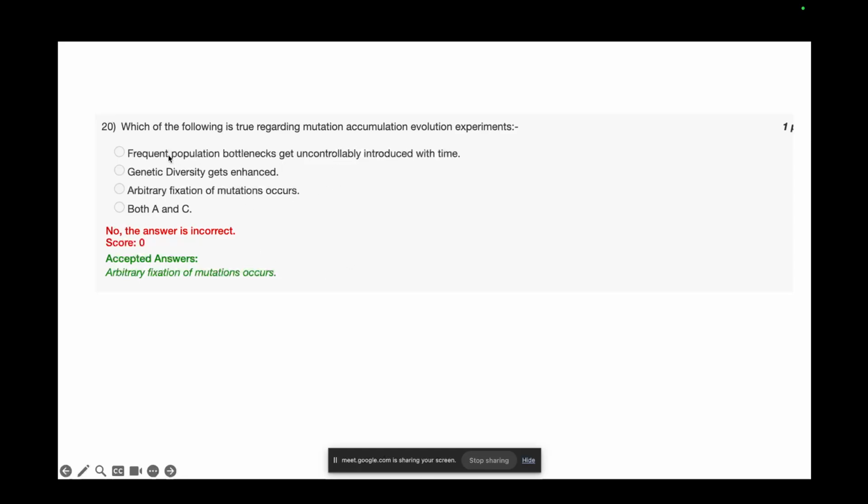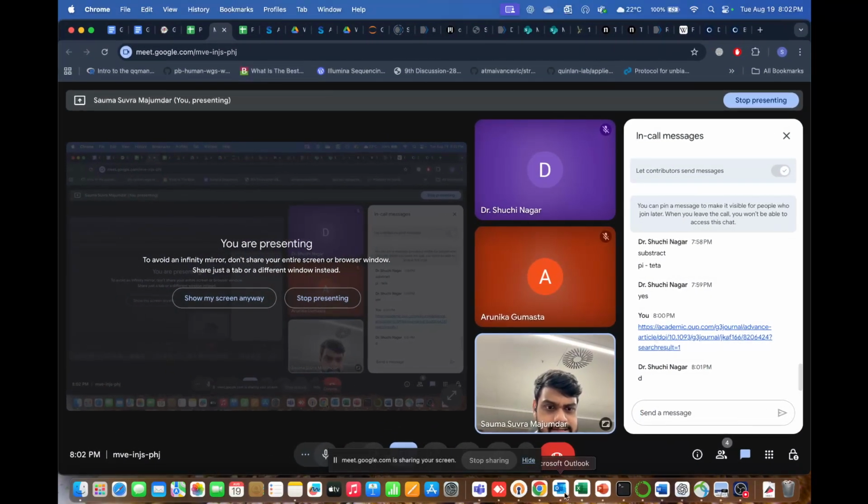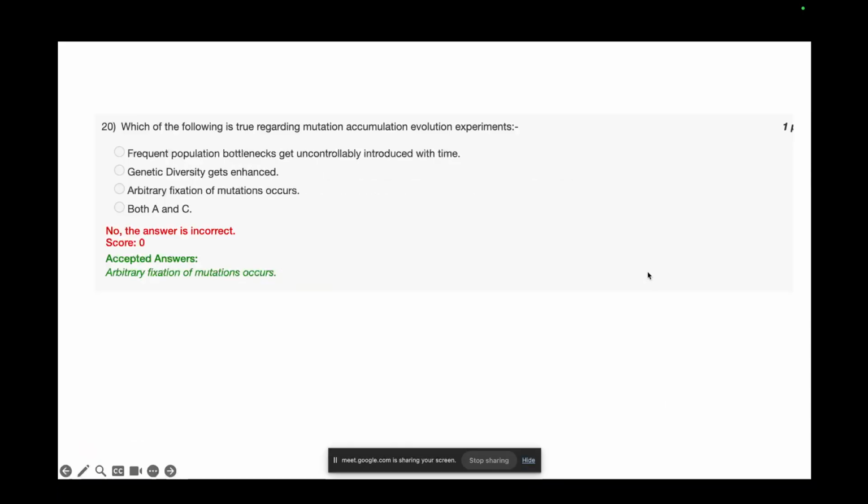So option C is correct. I think you gave the option D, if I'm not wrong. Yeah, so the other options, basically, frequent bottlenecks get uncontrollably introduced with time. So that is not the case. That will only happen if you are only giving in deleterious mutations.